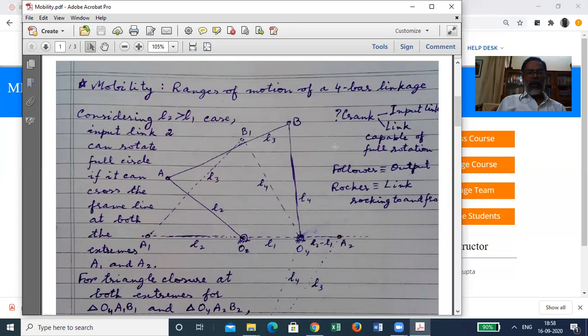L1 and L2 align along a line, and the other two, L4 and L3, they together should form a triangle, a valid triangle.